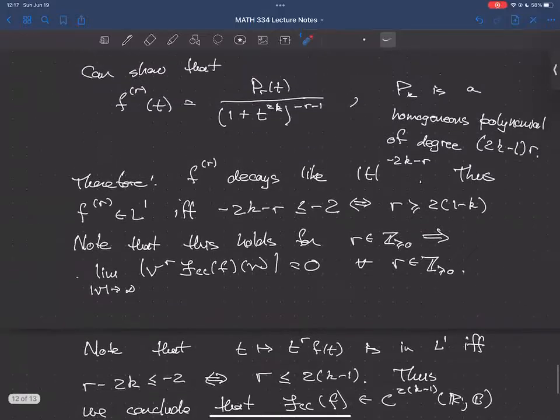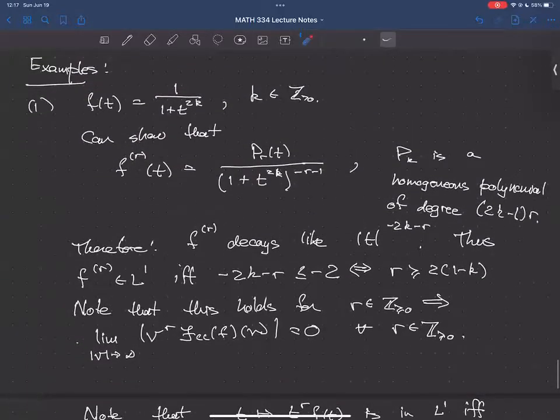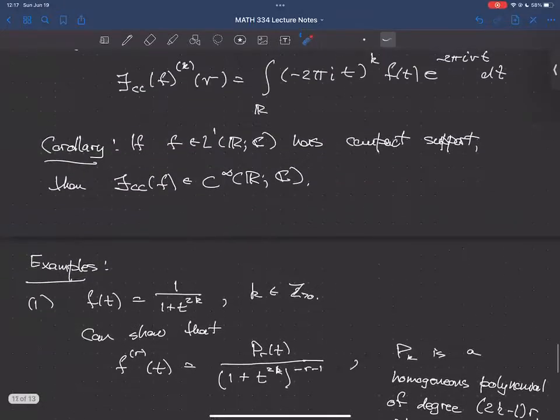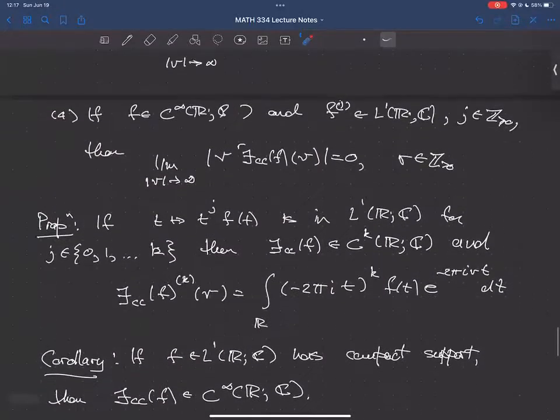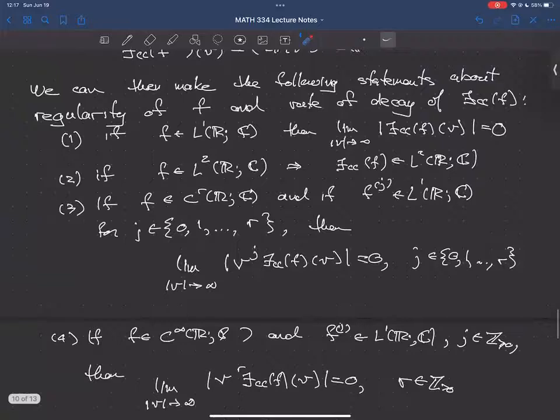So that's an example that illustrates both of the phenomena, the interplay between regularity of the function versus rate of decay of the CCFT, and rate of decay of the function versus regularity of the CCFT. And so I should say here, again, just like I babbled on for a few minutes about how you should interpret the rate of decay of that, because it's not really rate of decay, because it doesn't decay necessarily.